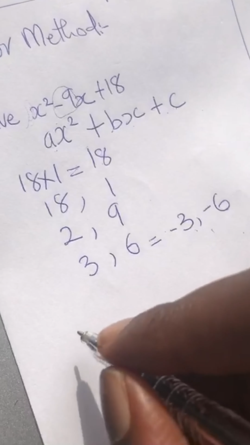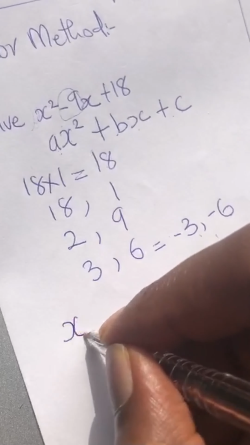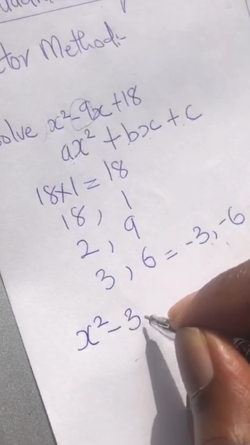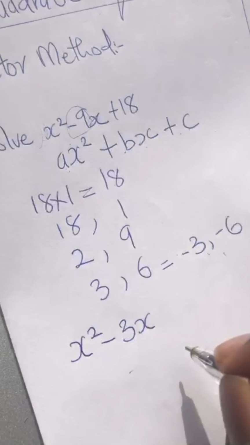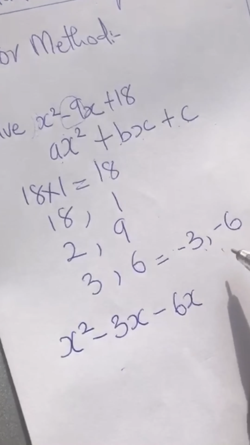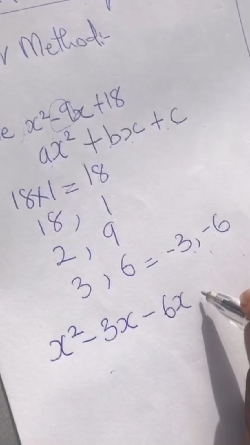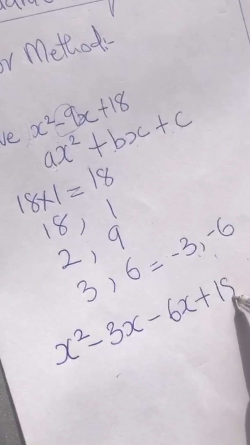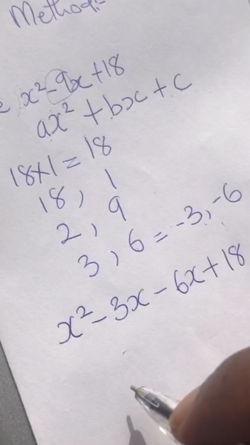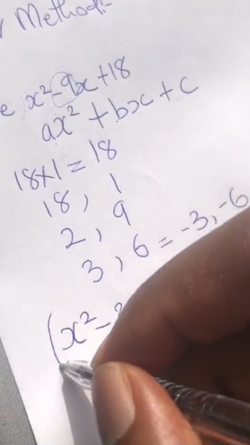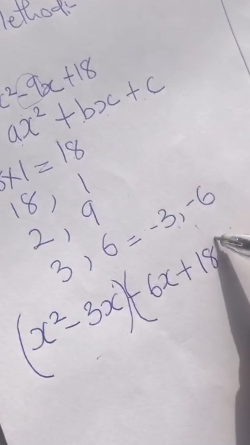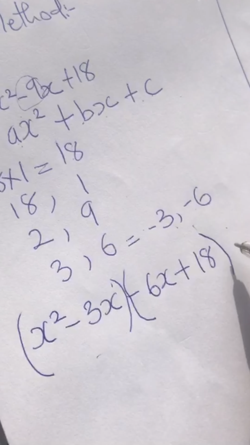So we would rewrite our equation like this: x squared minus 3x minus 6x plus 18. Now this is where we begin to actually factorize. We can group these into two parts, dividing this one equation into two.